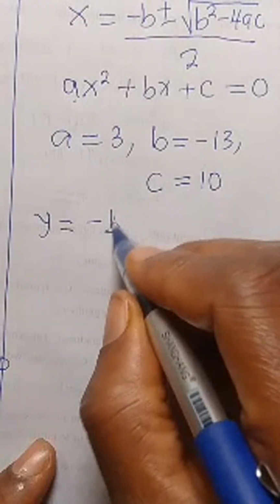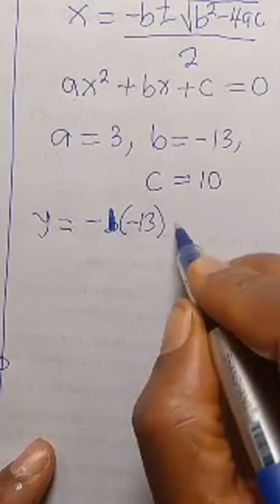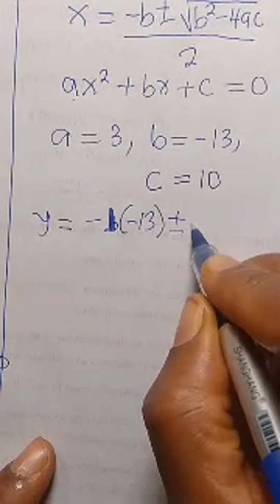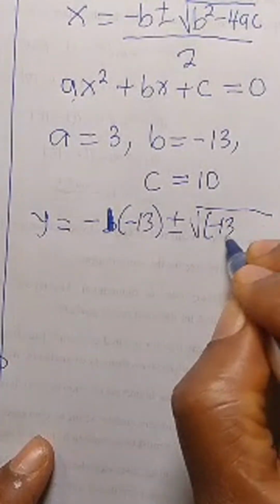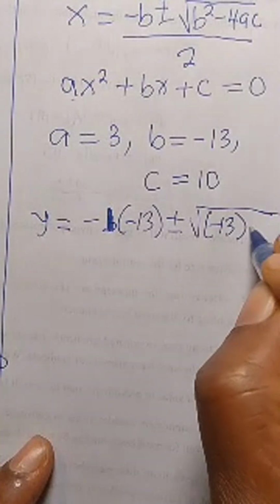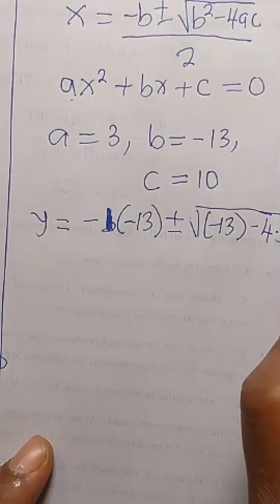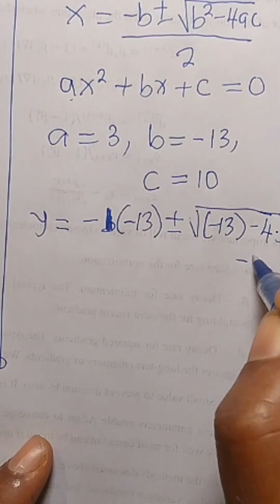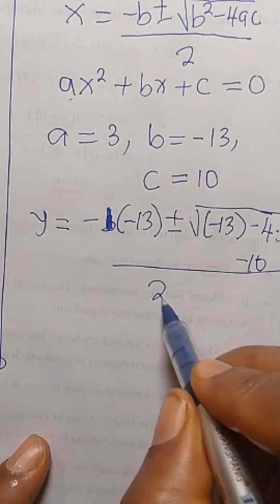So our b is minus 13, plus or minus square root of minus 13 minus 4. Our a there is 3 and our c there is minus 10, all over 2a, and our a is 3.